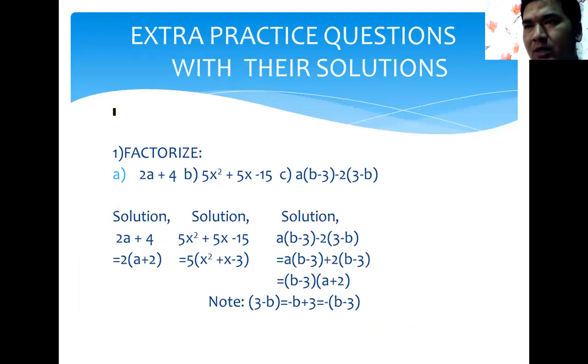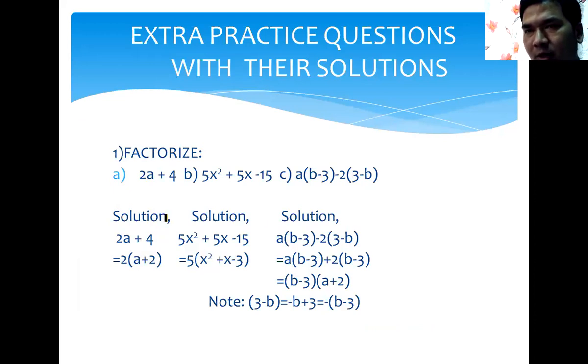In this slide, you can see the question is: factorize. Part a is 2a plus 4, part b is 5x squared plus 5x minus 15, and part c is a into (b minus 3) minus 2 into (3 minus b). Its solution is here.